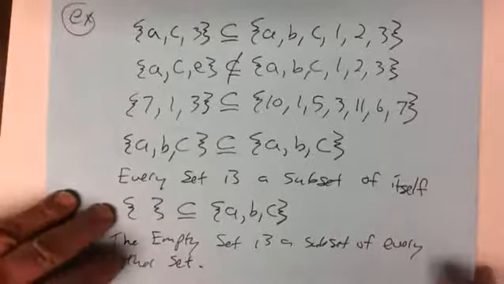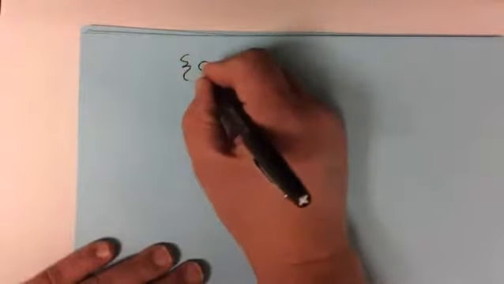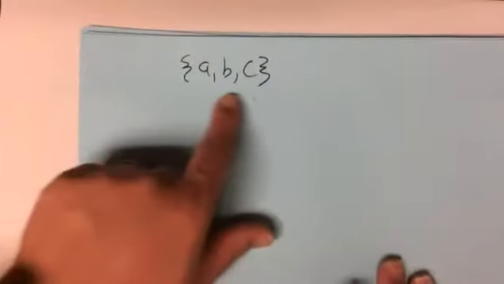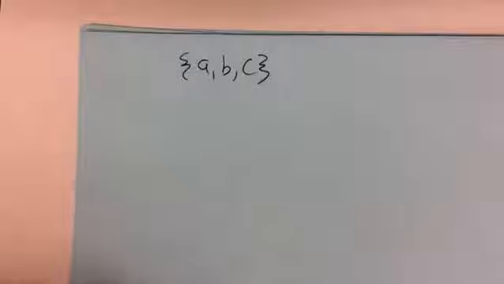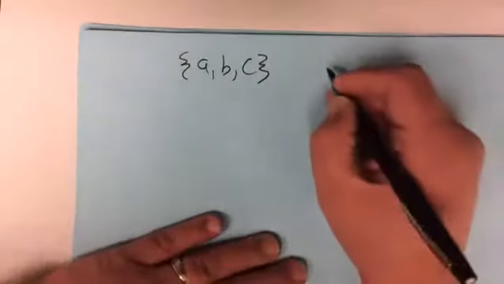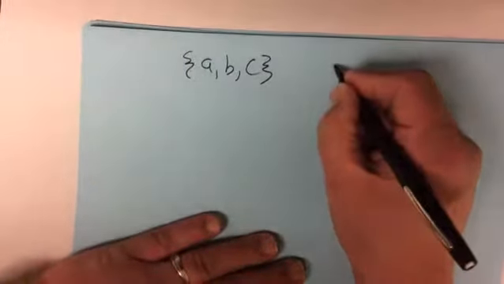Now a few other concepts. I want to introduce the idea of a proper subset, and to do that, I'm going to list out all the subsets of the set A, B, C. You might want to try to do that. You could pause the video and try to list out all the possible subsets that you could make. Let me show you a formula.